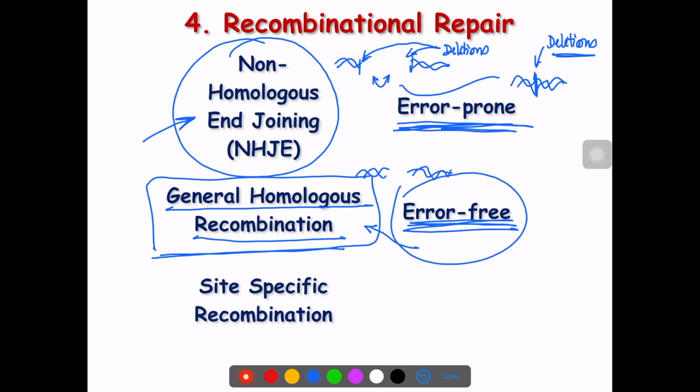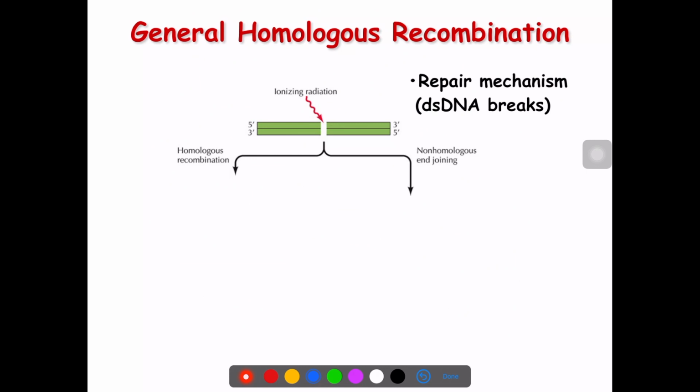All right, so let's just have a very quick review of what is required for general homologous recombination, and this is an essential idea. Whenever you have ionizing radiation hitting your double-strand molecule of DNA, those breaks could be fixed either by non-homologous end joining or by homologous recombination.